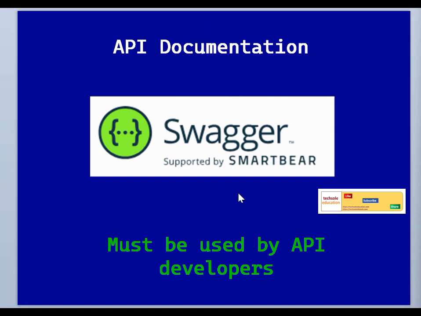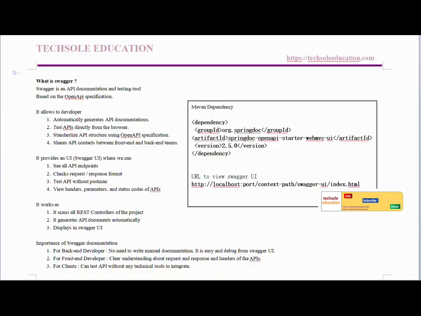So let's start the process of Swagger implementation. Before starting the implementation of Swagger, let's have a basic introduction about Swagger. What is Swagger? Swagger is an API documentation and testing tool based on the OpenAPI specification.